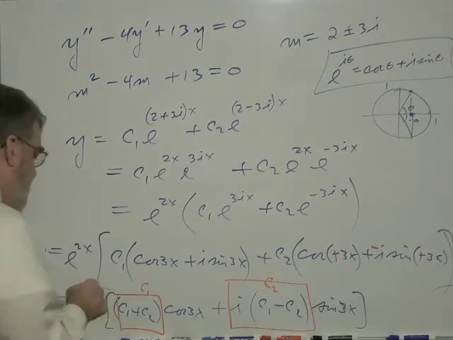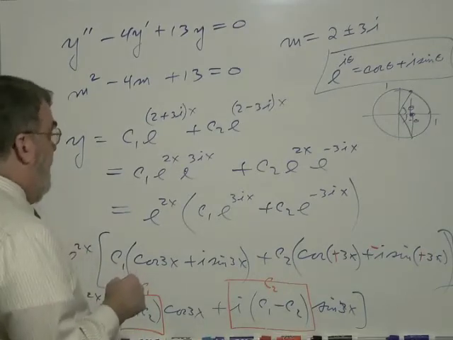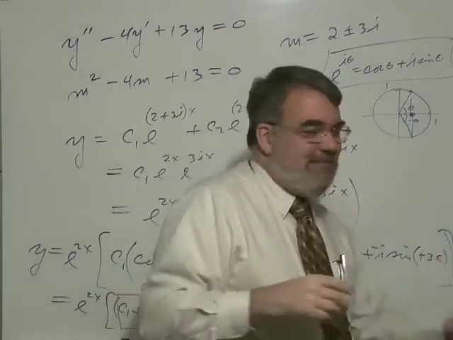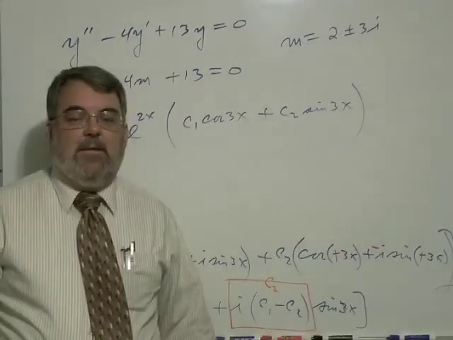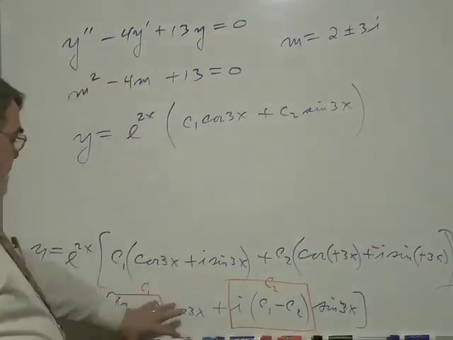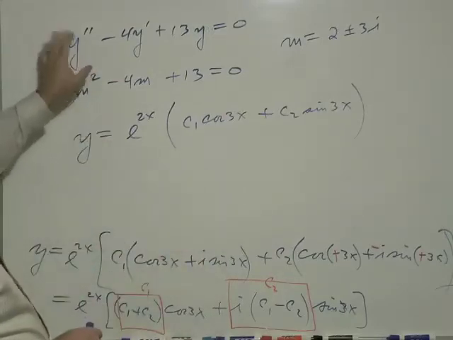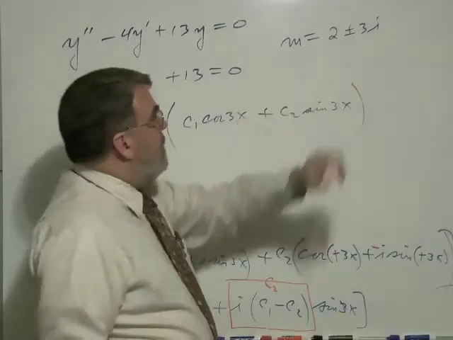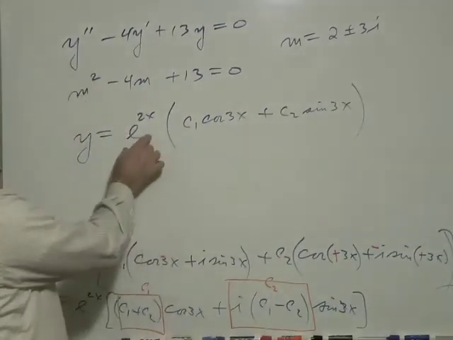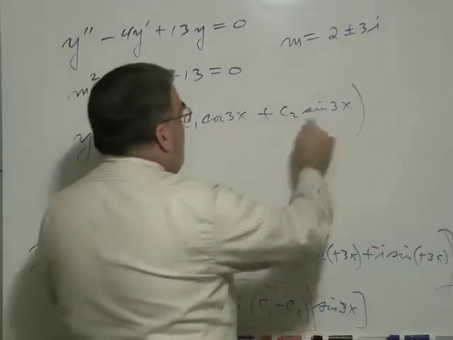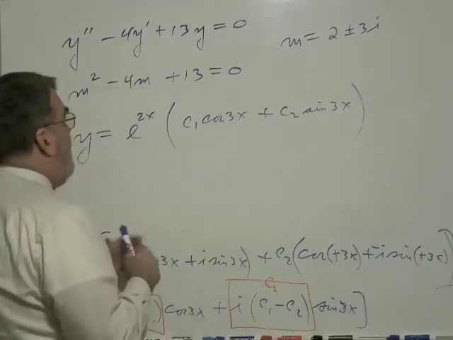So I'm going to rewrite the answer here. Let me make some room. We'll write the answer. So we arrive at this by bringing all this up here and kind of cleaning it up. The solution to this problem with these two roots is e to the 2x parentheses c1 cosine 3x plus c2 sine 3x. So notice what happens here.